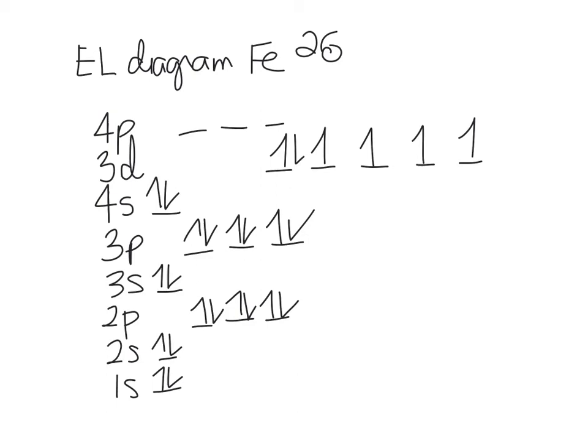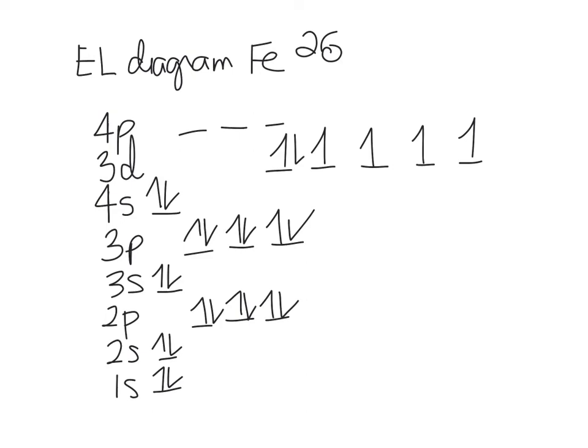If you lose from the highest principal quantum number first, 4p is there but it has no electrons. It's still there, but you can't lose electrons from it because there are none in it. So my highest principal quantum number is my 4s, so I can lose those two. If I lose those two, I am now Fe2+.